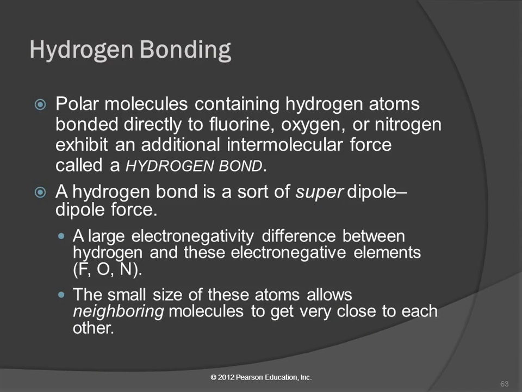And then we get to hydrogen bonding. Okay, so hydrogen bonding, I think the best description is it's a sort of super dipole-dipole force. So if we have polar molecules in which hydrogen is bonded to a very electronegative element like fluorine or oxygen or nitrogen, then you have an extra big dipole.